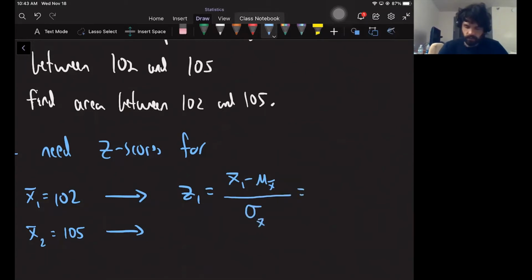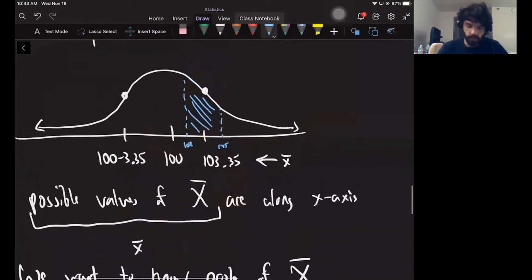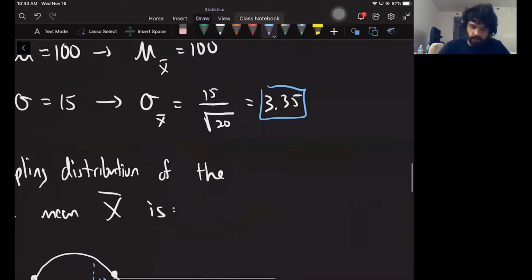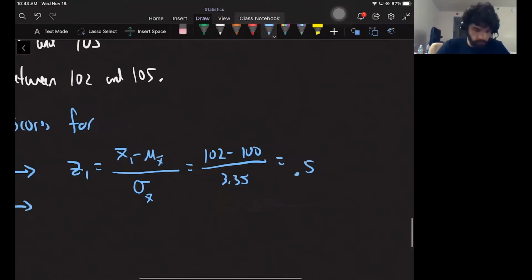So this looks very fancy, but this is just what we've done before, where now I know 102 is the data point, 100 is the mean, and I know that this 3.35 is the standard deviation. So I just do 102 minus 100 over 3.35, and I use a calculator, and it'll turn out to be 0.597.